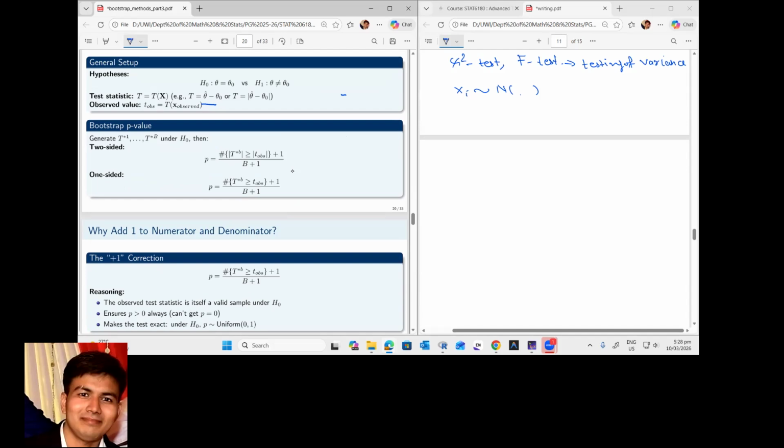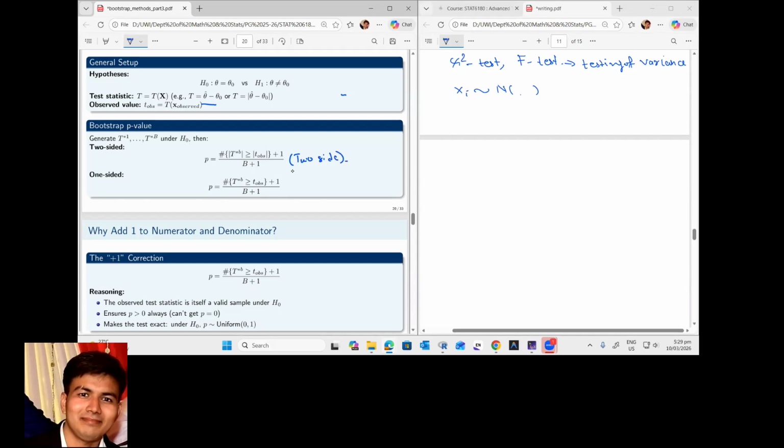After generating the B bootstrap test statistics T star 1, T star 2, up to T star B under H naught, the p-value is computed as p equals the count of absolute T star b greater than or equal to absolute T observed, plus 1, divided by B plus 1, for the two-sided p-value.